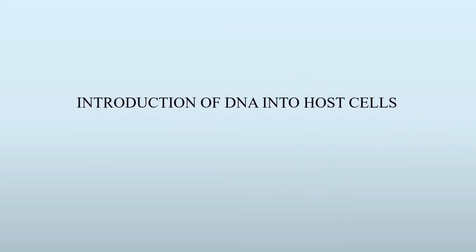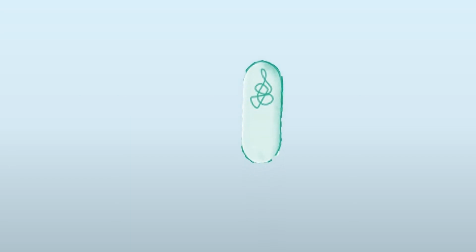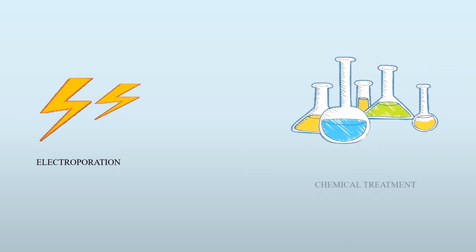Introduction of DNA into host cells. Bacterial transformation is one of the important processes in gene cloning. Bacteria which are able to uptake DNA are called competent. Such a process is done by electroporation or by chemical treatment.